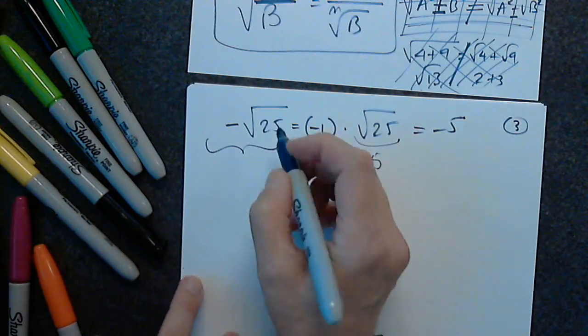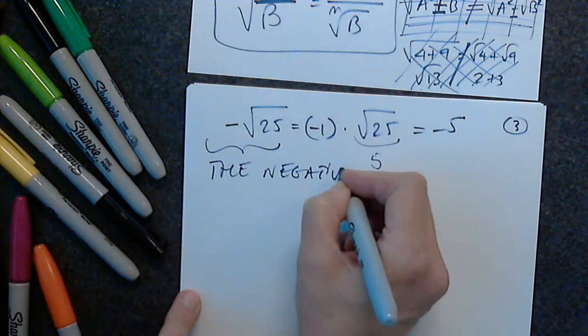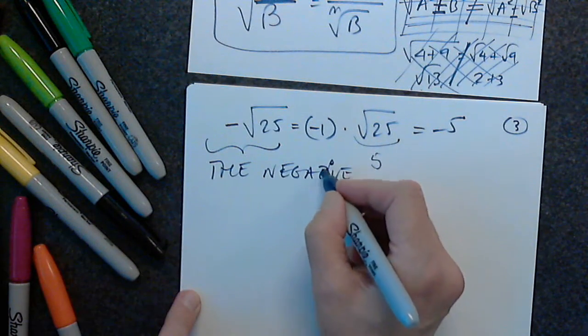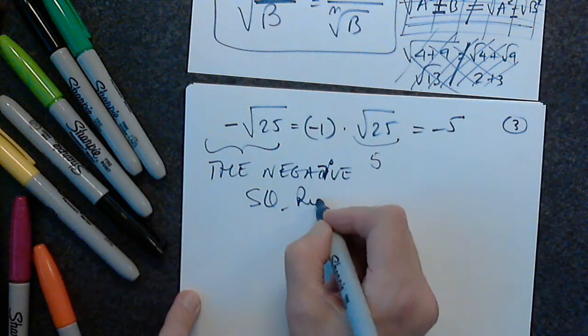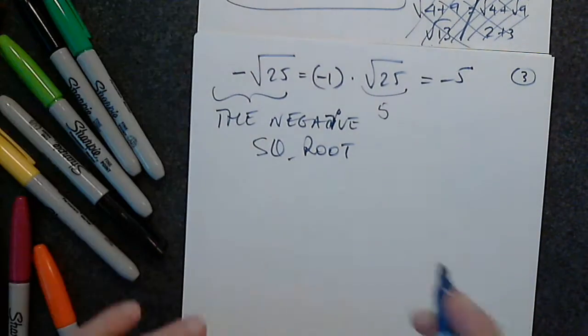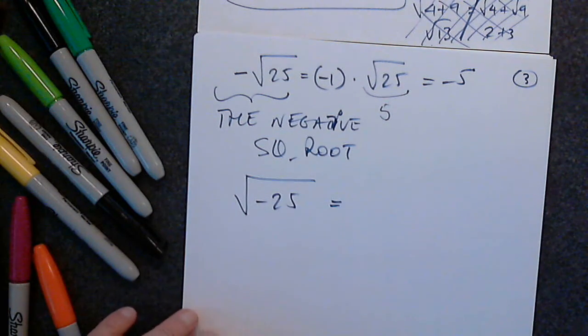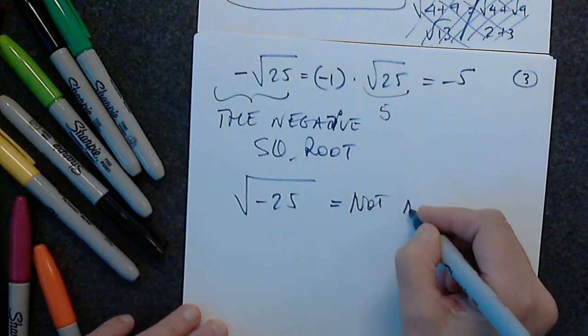And this is what is called the negative square root. So there is a positive square root and a negative square root. A negative has to be outside. However, when we look at this situation, we will say not a real number.